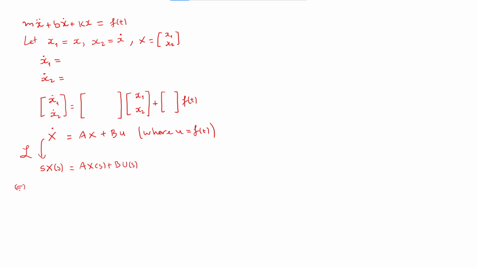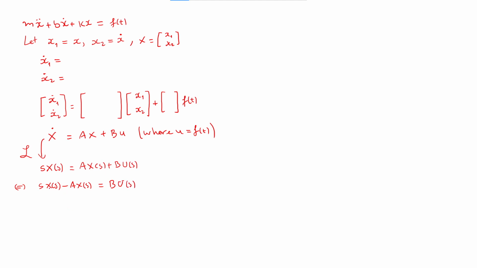Then you move A H of s to the left hand side. You have s H of s minus A H of s equal to B U of s.